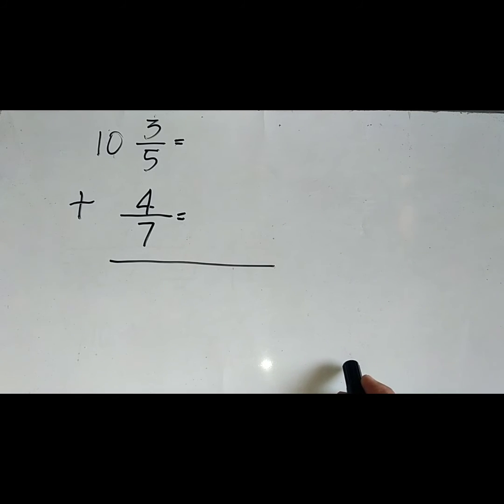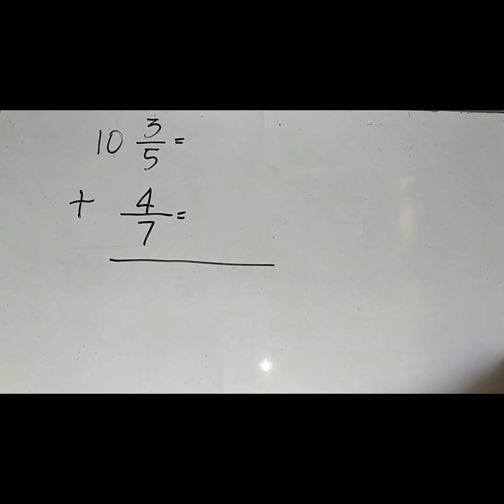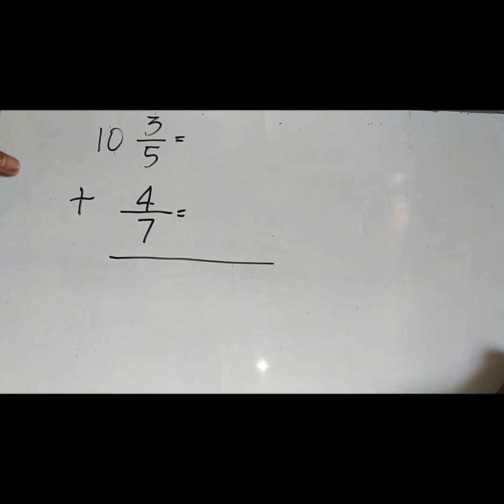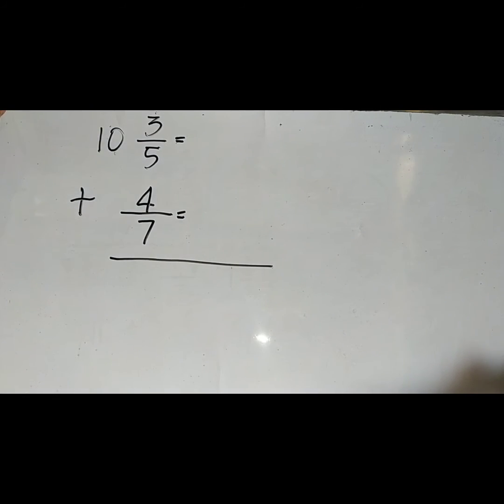The result will still be the same. But I just want to show it to you so that you will be the one to choose which method you will be using. The method that you find easier to follow is your choice, because whether you use vertical or horizontal, the result will still be the same.